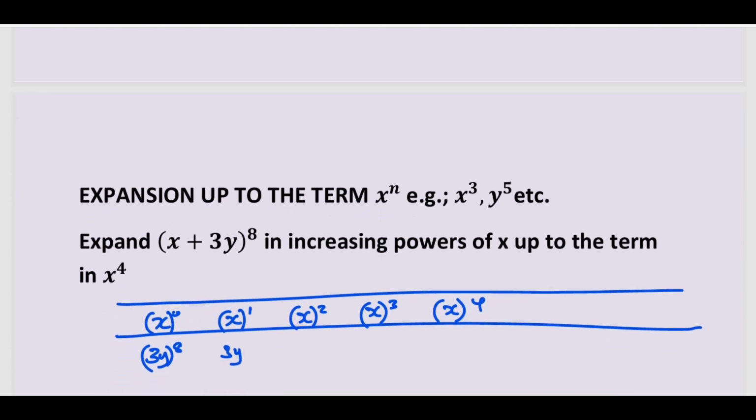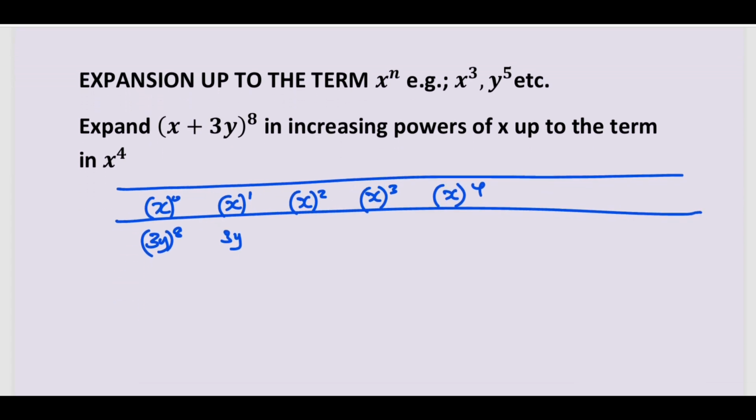You start with expanding x from x power 0 because we are told to expand in increasing powers of x. So we start from x power 0 and then we increase it: x power 0, x power 1, x power 2, x power 3, and then we stop at x power 4.